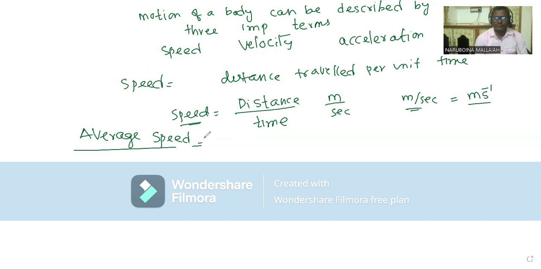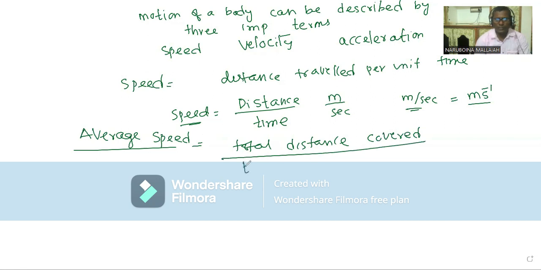Average speed. Average speed of a body is defined as total distance covered divided by total time taken. Total time taken to cover that distance.